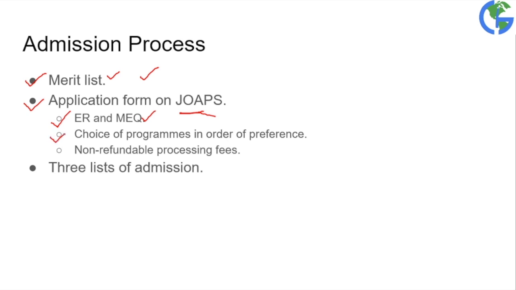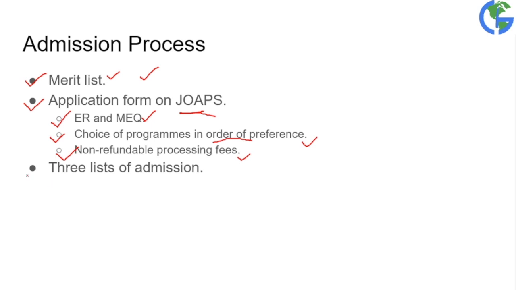Next is the choice of your programs, that is, in order of preference, which institute you want to apply to, which course or which program you want to apply for. The order should be in your preference, right? So that you'll get the call in that order only, right? And finally, you have to pay a non-refundable processing fee, which is different for reserved categories and different for non-reserved categories, right? Then after doing this, your part is done.